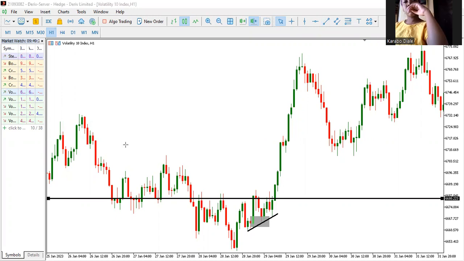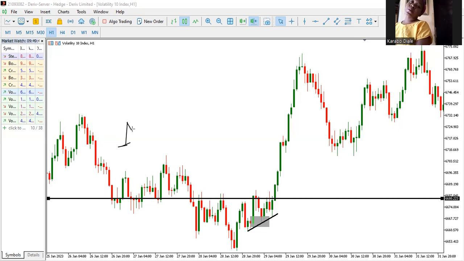So here the price is, we can see. You're going to get some flip. The price may reach resistance, I'm sorry, support. Here is our price going up.